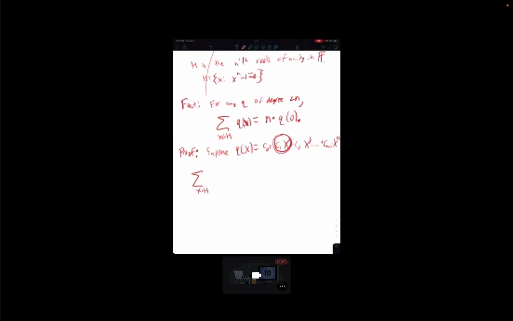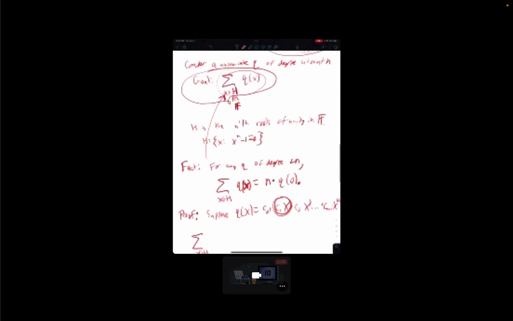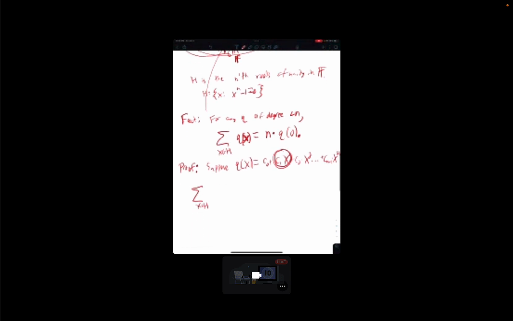Sorry, I wrote this wrong. I should have written Q of x rather than Q's. So we're summing up Q's evaluations over the nth roots of unity. That is the problem we're interested in. So when we sum up these values, Q of x, we can just break this sum into terms, one monomial at a time, right?